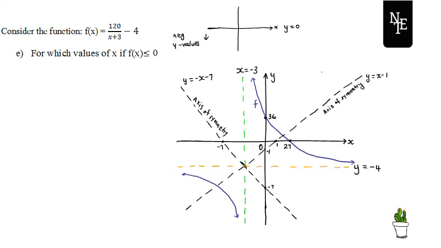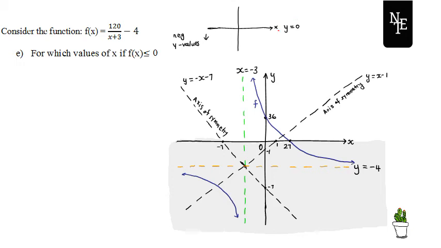Now, when we look at the sketch of our graph, we'll see that these conditions that we're looking for, where the graph is below the x-axis or intersecting the x-axis, is everything over here. Let's just indicate it. That is going to be all the x values.